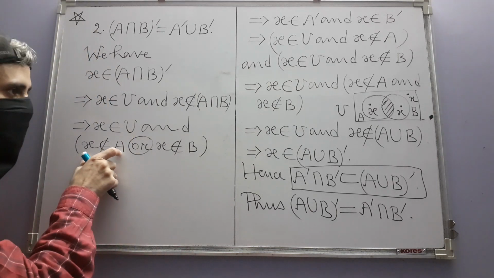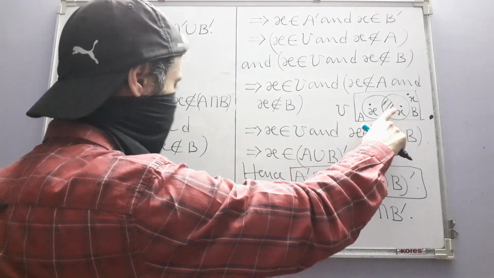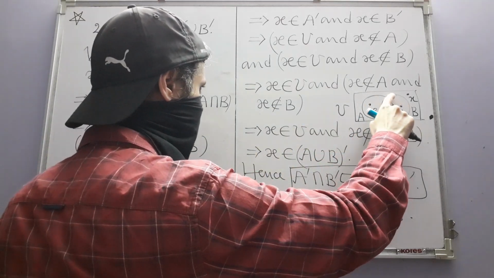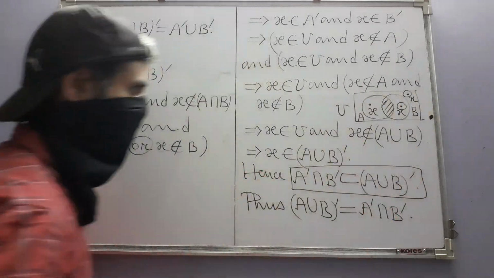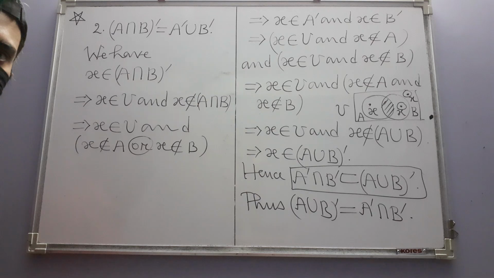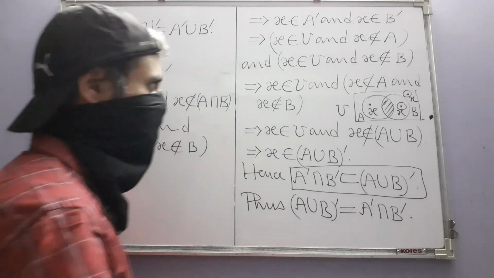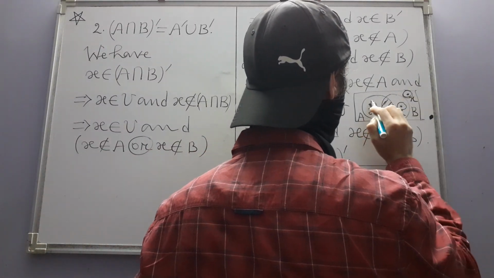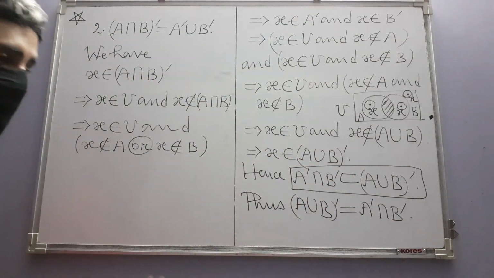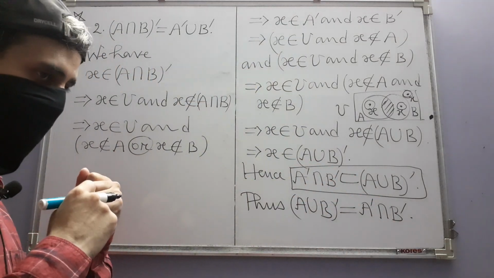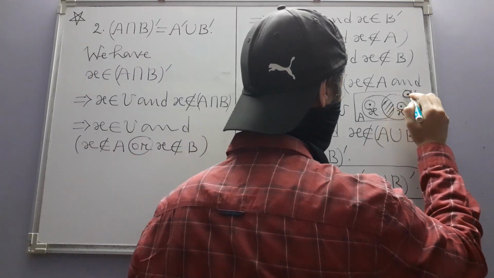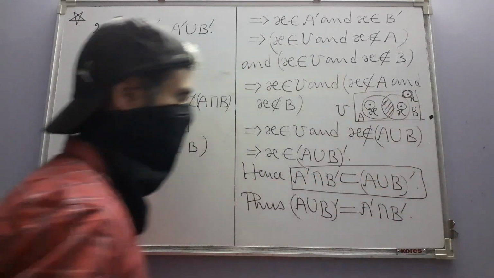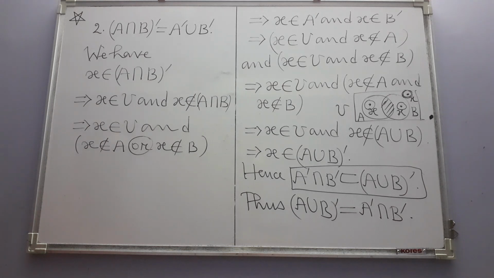It means that X is either not in A, that means X lies outside of A, under which these two cases come, or X is not in B, that means X can be here or here, or X is in neither A nor B, because OR is inclusive part, and that takes care of these other cases. That's why you can write like this.